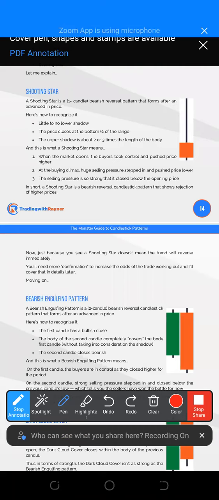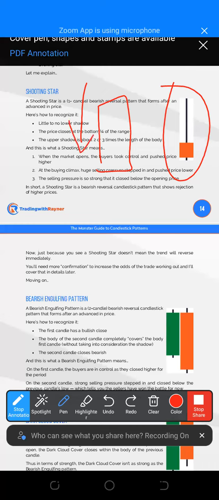For this shooting star, before the red candle like this, at first, the market is already on bullish. That is, it's already going up like this. But there was a pullback. There was a reversal whereby the seller took charge.